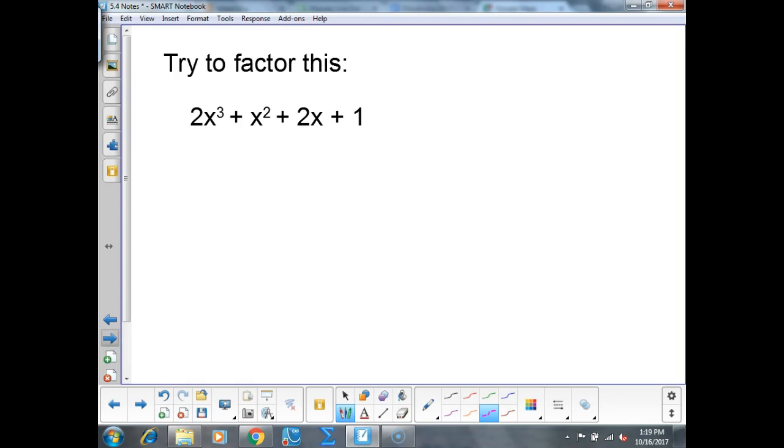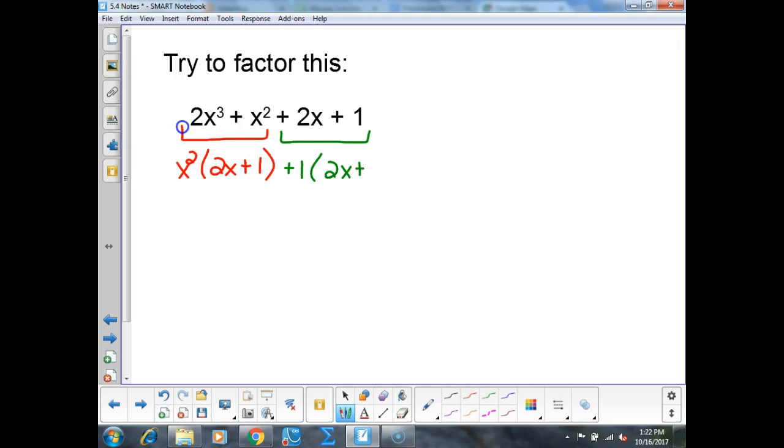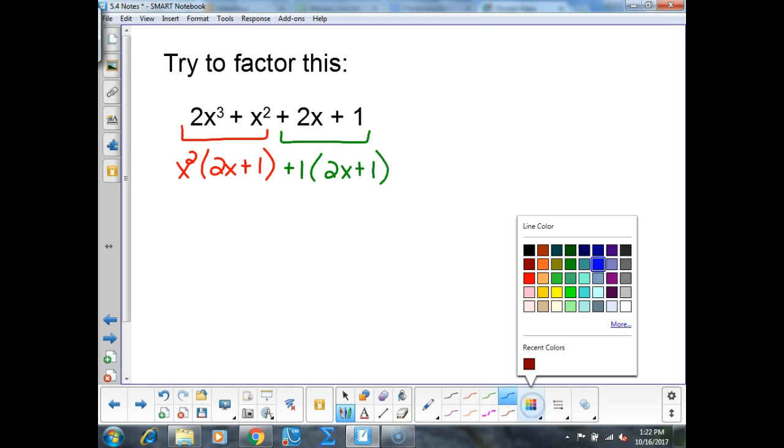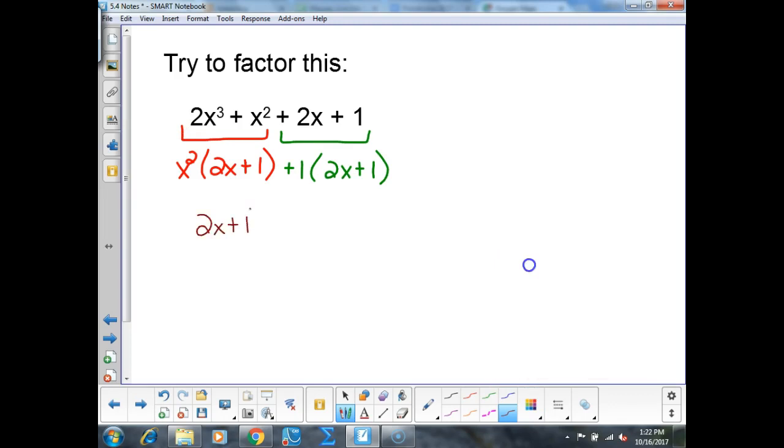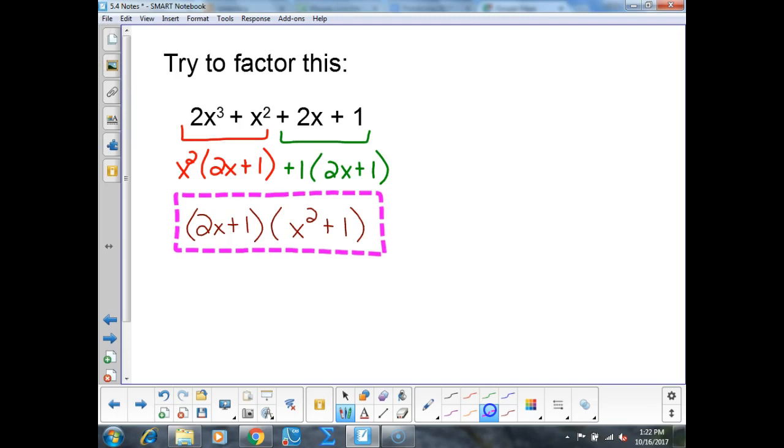You try that one. I get 2x plus 1 and x squared plus 1.